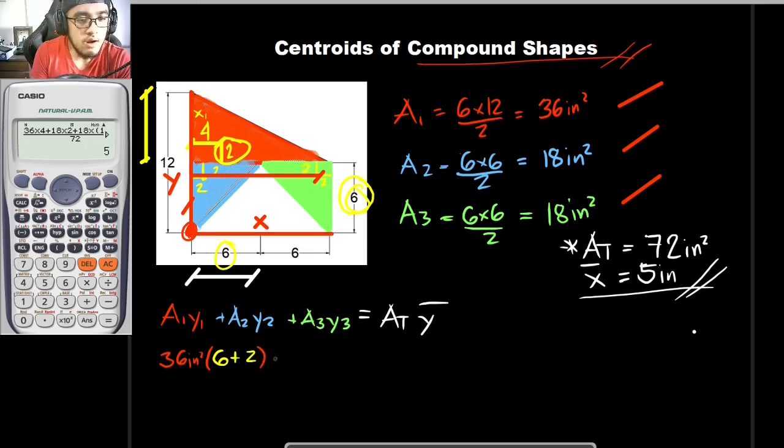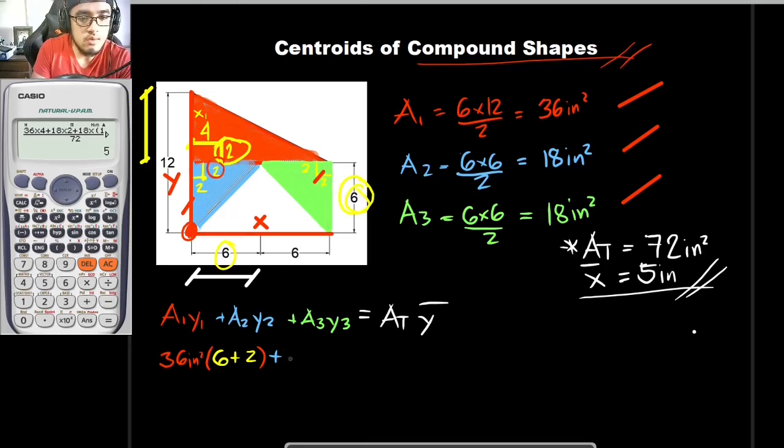And as for area 2, if this right here is 2 inches and this is 6 inches, so 6 minus 2 to get this part right here. Or better yet, that is 2/3 times 6. But since we already know this value, which is 2, so 6 minus 2.